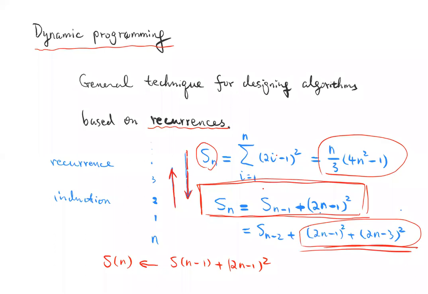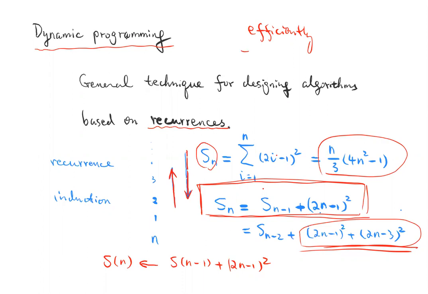Dynamic programming is really based on recurrence relation. We obtain the recurrence relation and try to use it to compute a function efficiently. The keyword is computed efficiently. We try to use the recurrence to compute a function or to solve a problem efficiently.